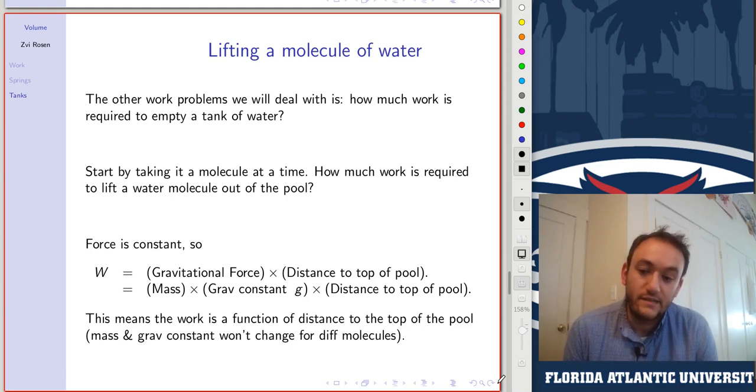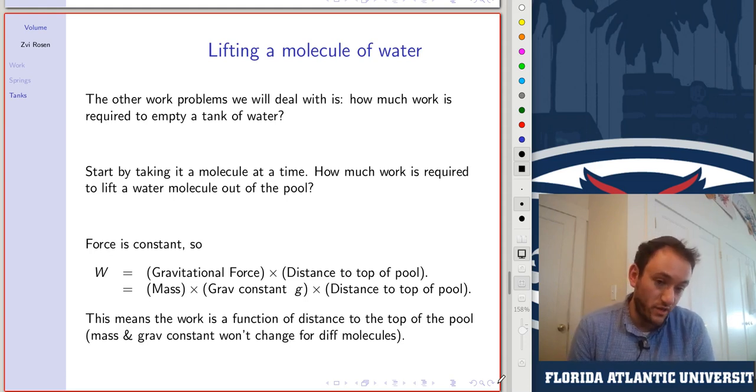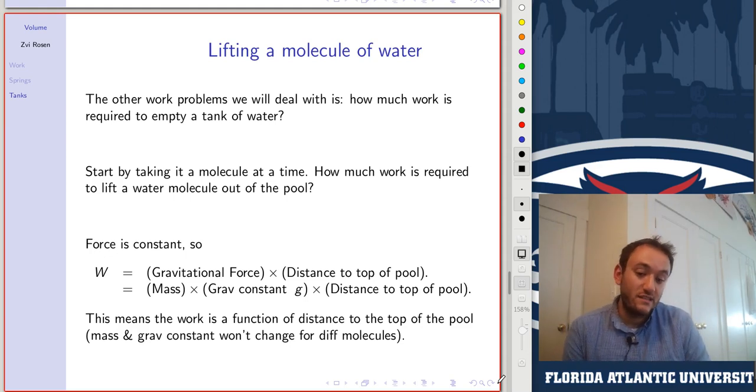So the work is the gravitational force times the distance to the top of the pool. Gravitational force is mass times g, the gravitational constant. So we get work as mass times g times distance to the top of the pool. Based on this, the work is a function of distance to the top of the pool because the mass of a water molecule and the gravitational constant won't change for different molecules in the pool.